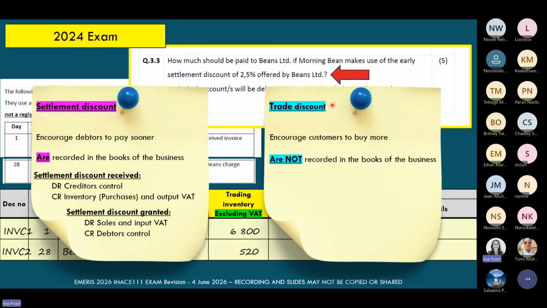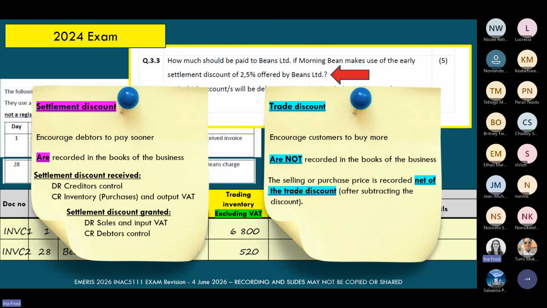On the other hand, for the trade discount, remember we said we are not recording the trade discount in our records. Instead, we record either the selling price or the purchase price net of the trade discount. That means we're going to subtract the trade discount and then only use that smaller amount when we record the sale or the purchase.